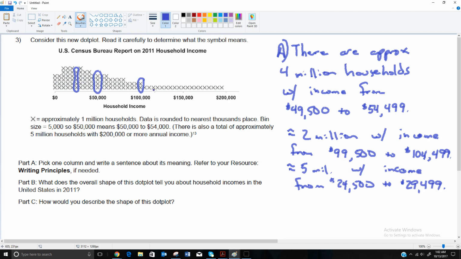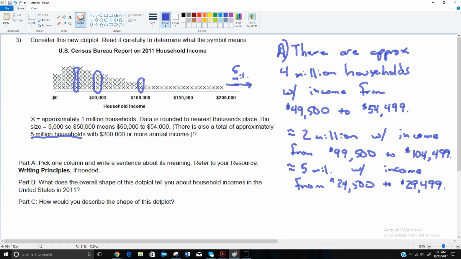You have very few people that are making up here, and in fact, it says here that there's actually only 5 million households that are past 200,000 that they didn't put marks up here because they were so spread out we couldn't even cluster them into groups of 1 million. And so there's an additional 5 million households that are from 200,000 up that aren't even on here.